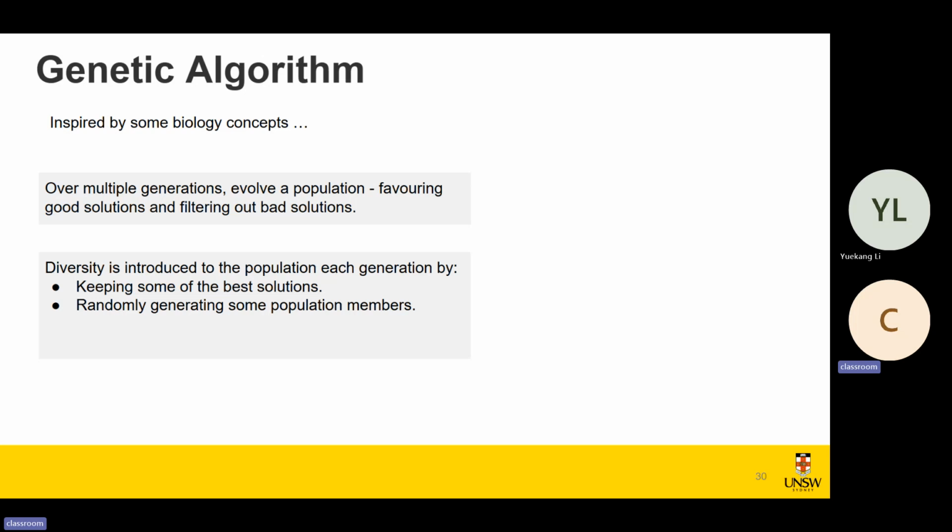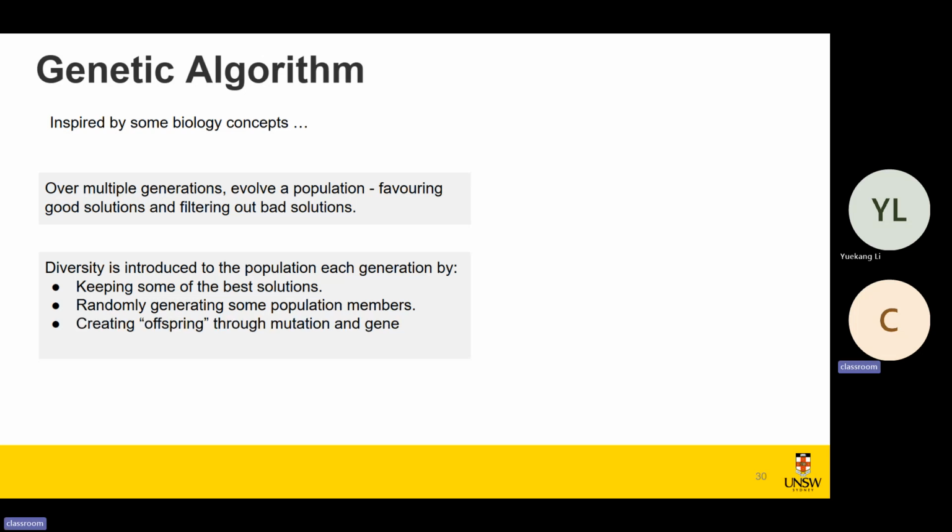So this is the first step. We keep the best solutions here because we are favoring them. The diversity is introduced by randomly generating some population members. We have a population size, but we don't fill the entire population size with the best members. We still randomly generate some new members in the population.